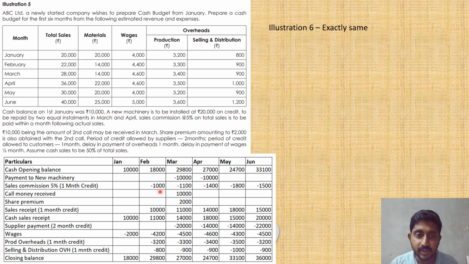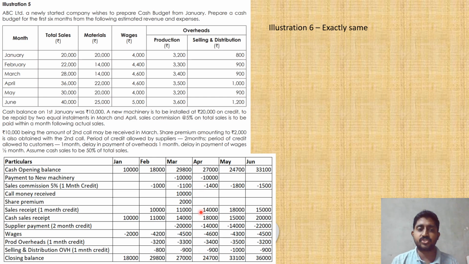All the payments will be in negative sign, all the receipts will be in positive sign, and this sign mismatch will drastically change your answer, because if you have made a mistake in 1 month, the closing balance will be wrong, and the mistake will be carried forward for all the months. So be very careful. The closing balance for March is 27,000, the closing bank balance, and that will be the opening bank balance for the next financial year, which is April, and all those transactions have taken place.